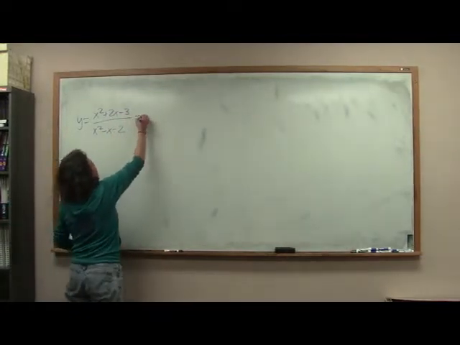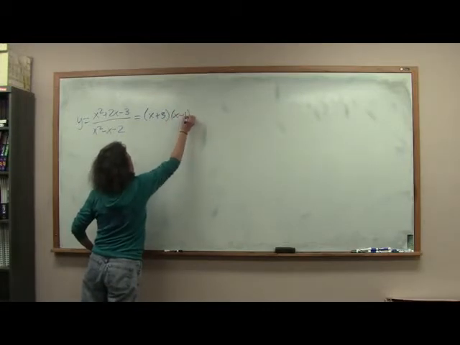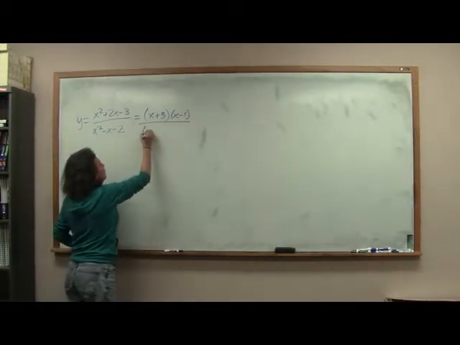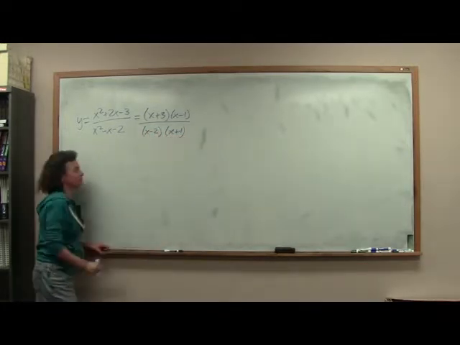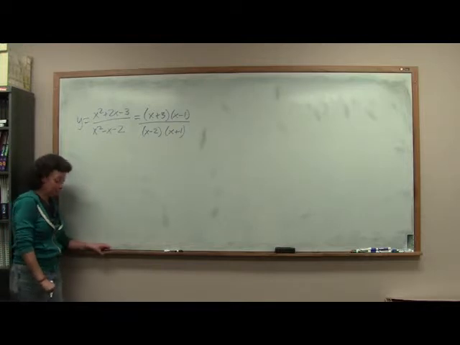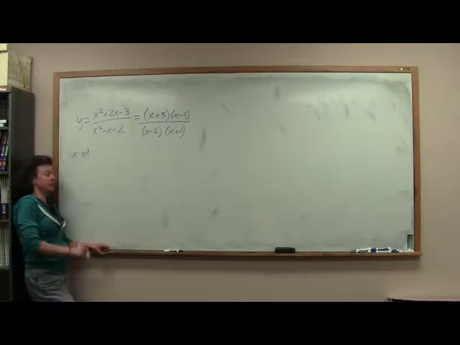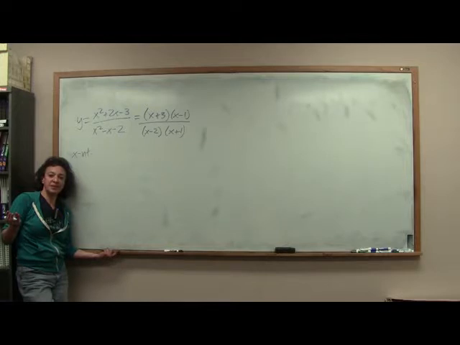Okay? In factored form, I claim this is x plus 3 times x minus 1. In factored form, I claim this is x minus 2 times x plus 1. Okay? Now that we've done that, let's do our intercept. Our x-intercept. Again, to find your x-intercept, you set y equal to 0.